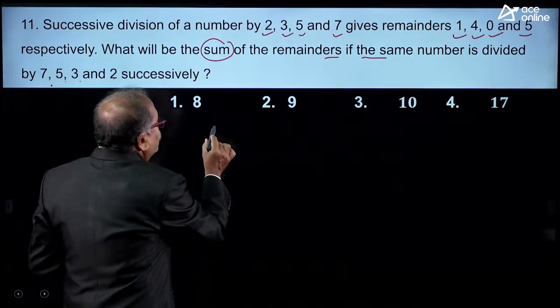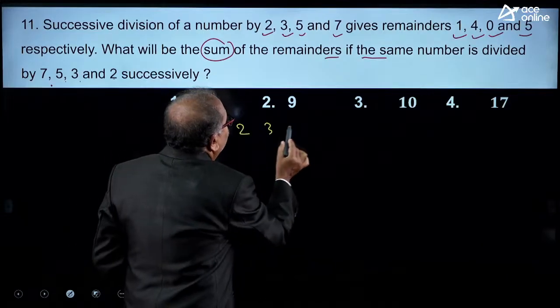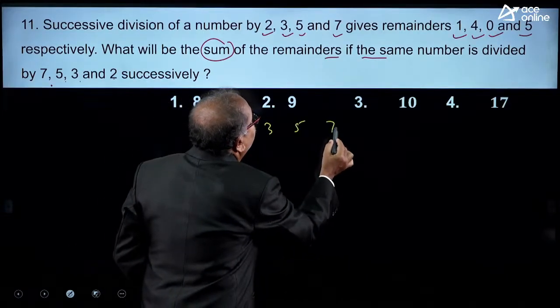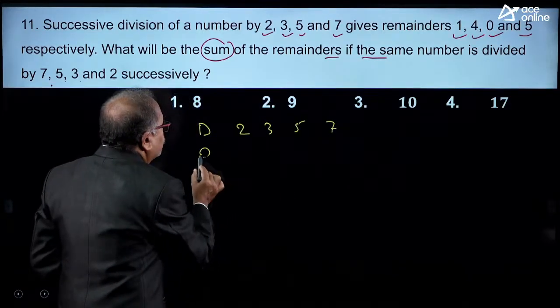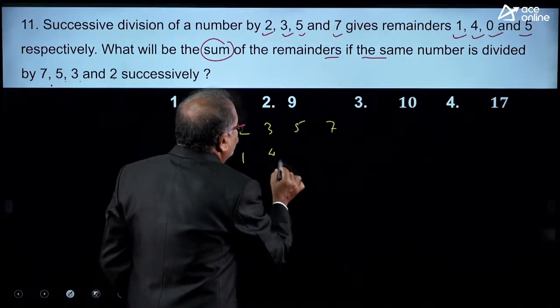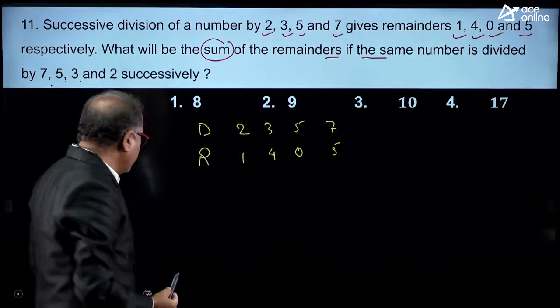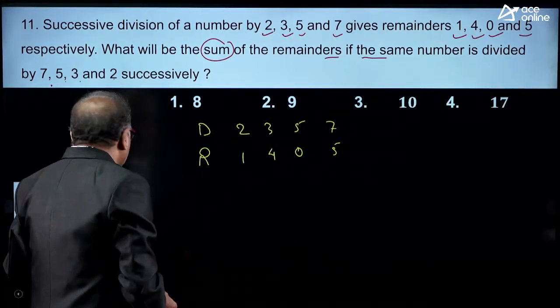So, take the divisors. I will be writing the divisors over here, 2, 3, 5, 7, and the respective remainders are 1, 4, 0 and 5. What is the shortest method?